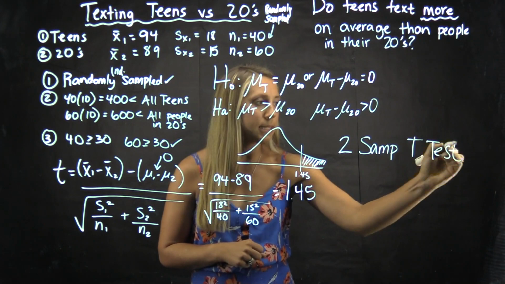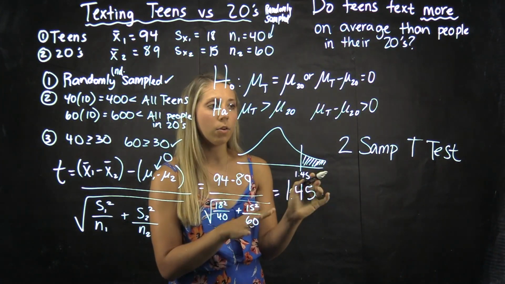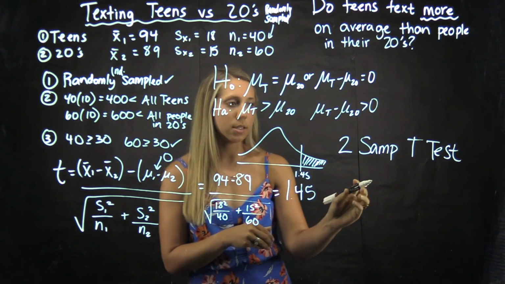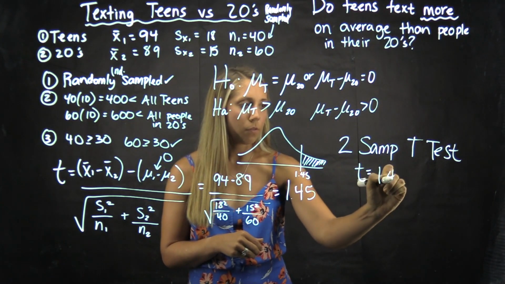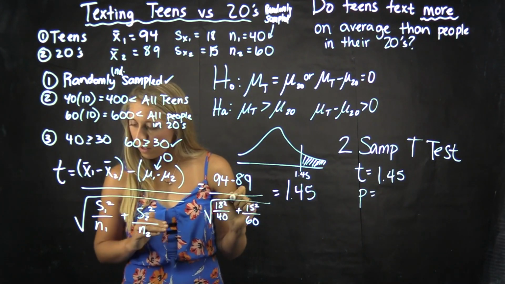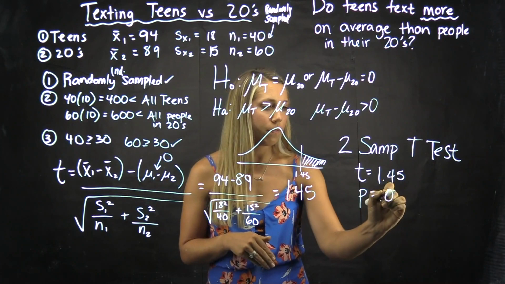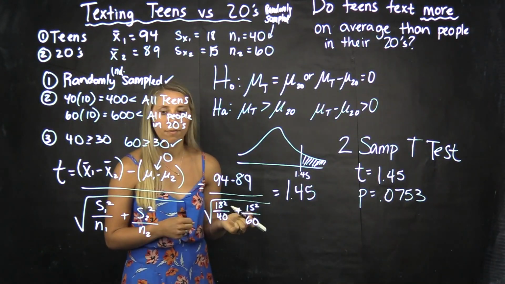Once again, we're using a t-test because we do not know the population standard deviation. So 2SampTTest will give you your t-value of 1.45 and your p-value of 0.0753.